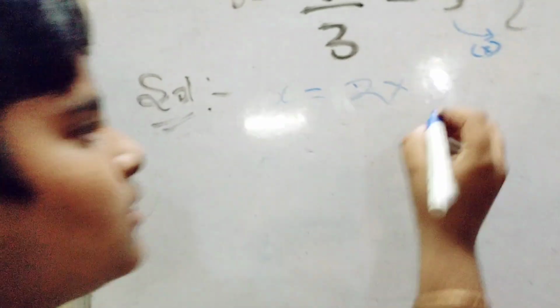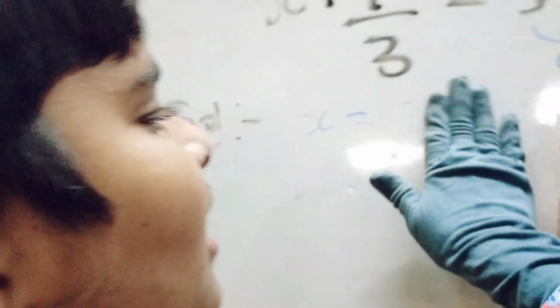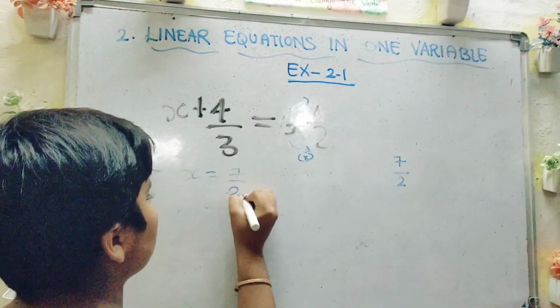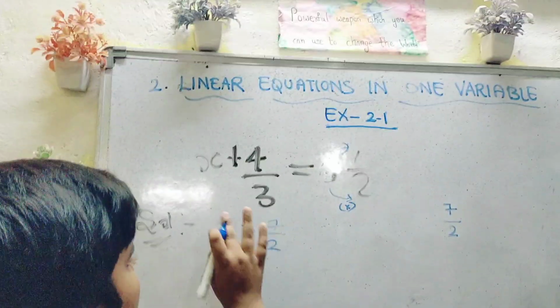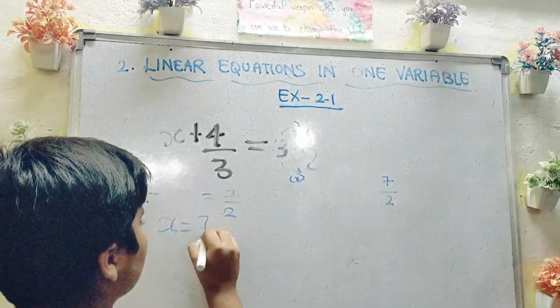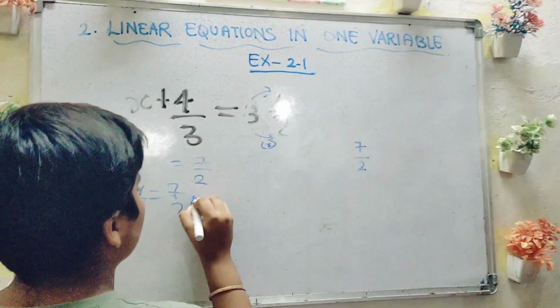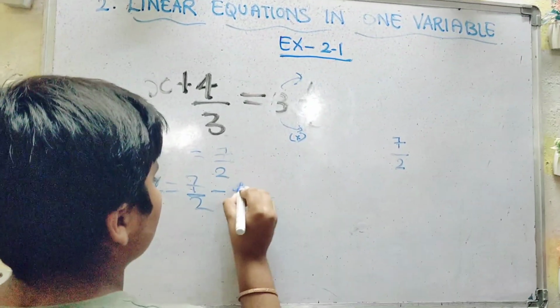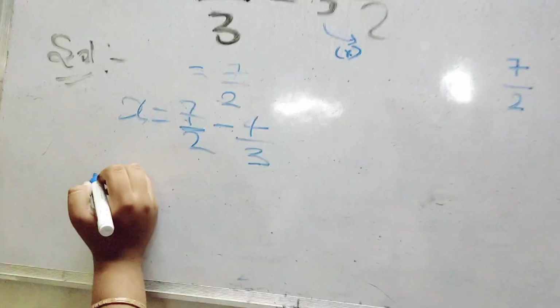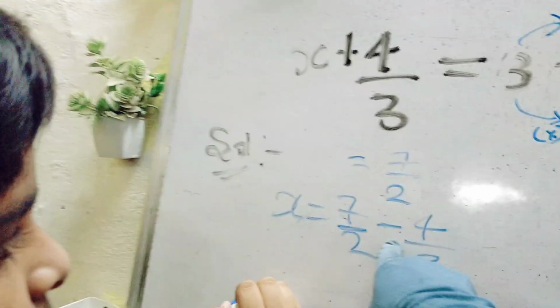Okay, now you write. Rub this off now. This is all no need. You have converted, right? Okay. 7 by 2. Then minus 4 by 3. Now can you solve? Now there are two fractions which you have to subtract.